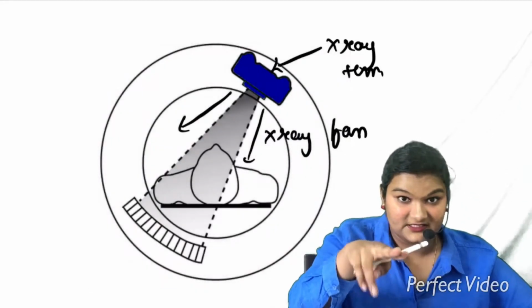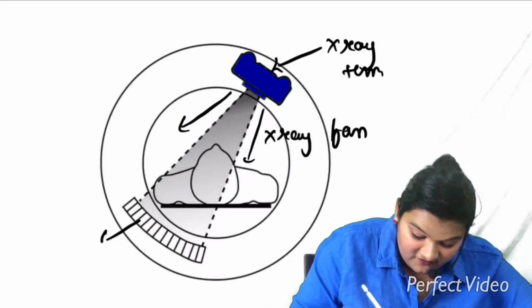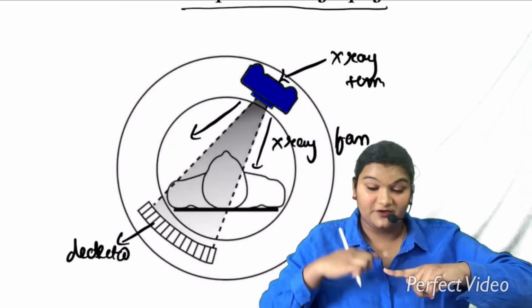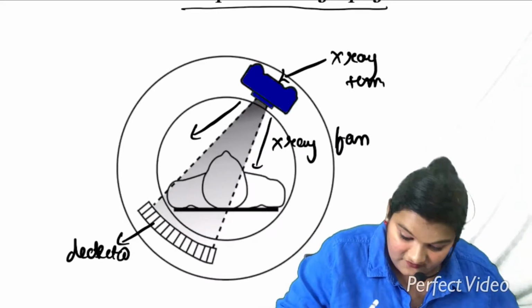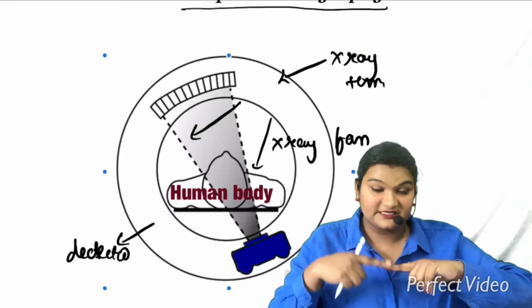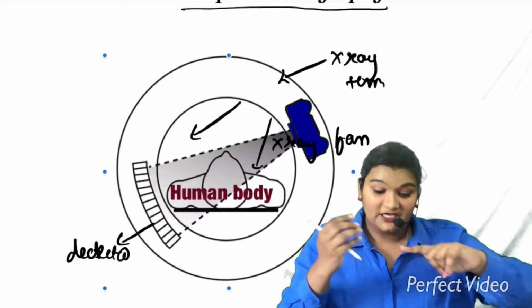Not like this, it's not a pencil beam, it's a fan beam. And here we have our detector. Now this detector moves around the patient in all 360 degrees. Let us have a look at this video. So see, this X-ray is moving 360 degrees around the patient and exposing the patient in all directions.